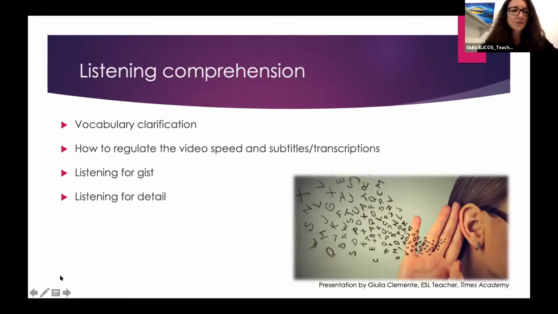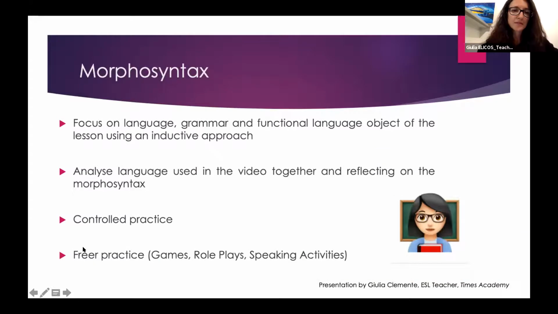And after this passage, we would then analyze language with an inductive approach, starting from some language that was in the video, and reflect on it, and in this case, countable and uncountable nouns, followed by some controlled practice, and then some freer practice.